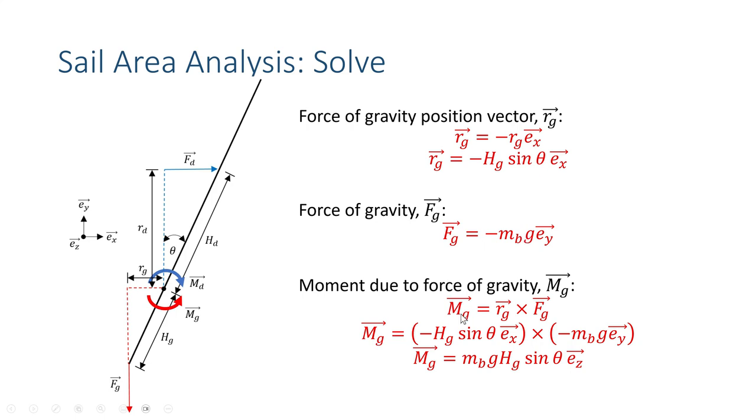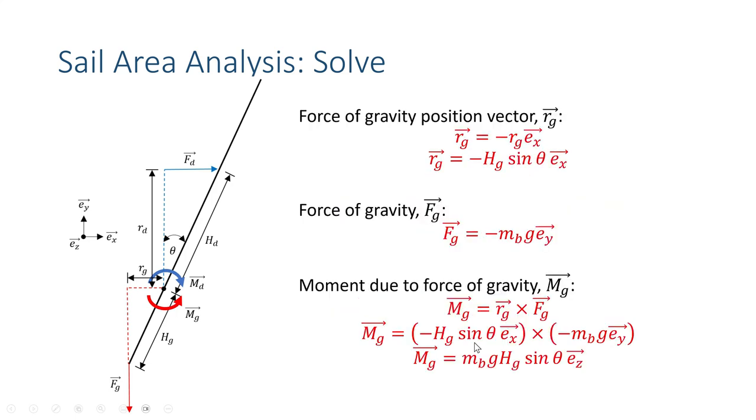So the moment due to this is our moment is equal to the length times the distance, and so we end up with our length vector and our distance vector, or sorry, our force vector, and we can simplify it down into this expression. Hopefully everybody can follow that. Our mass of our ballast times gravity times our h sub g, which is how far away from that rotation point is down to where our ballast is, times sine theta.